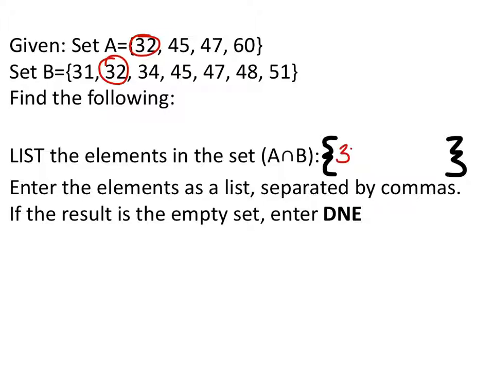So 32 would be part of the set A and B. Next up, I can see the 45s here. They're all kind of stacked together there. So 45 would be part of A and B. And the other element, 47, would also be part of the set A and B. None of the other values in either set appear in both, so they would not be elements of A and B.